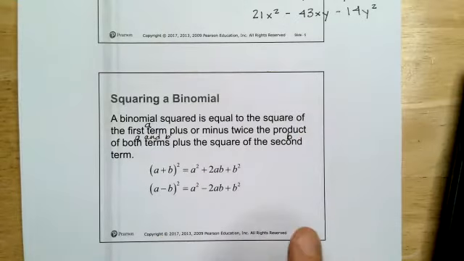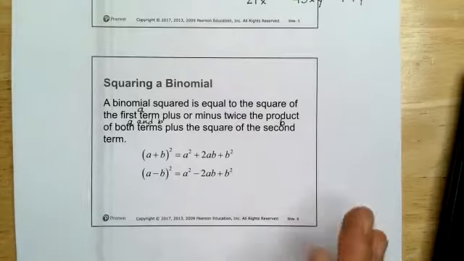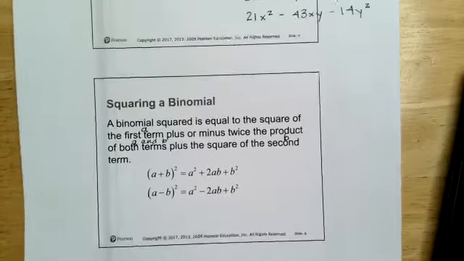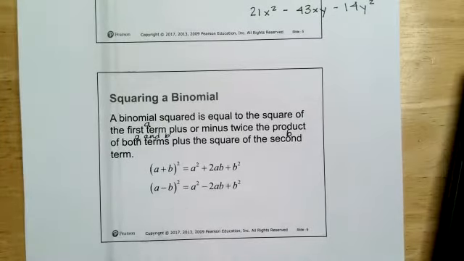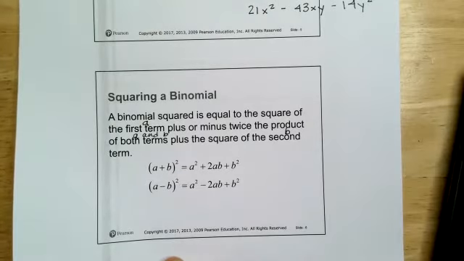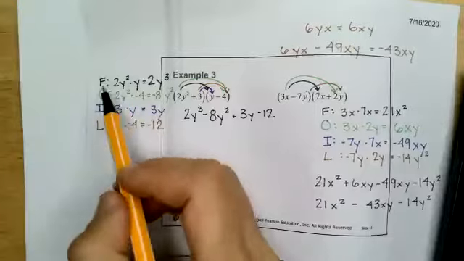If this doesn't make sense to you and you want to ignore it, I think that's okay. If it overwhelms you, you can get there without these formulas. I'm not saying ignore this, but you can just FOIL.